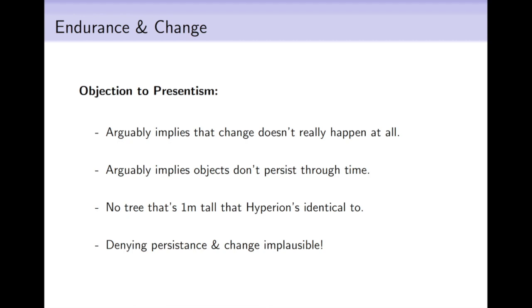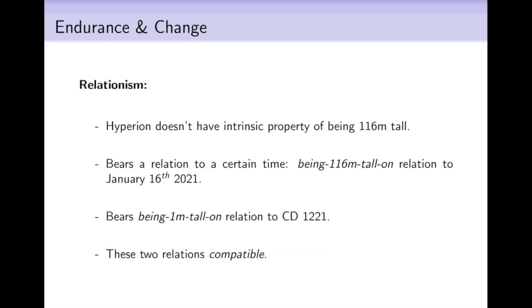So maybe this is the worst of all possible worlds, the detractor of presentism might say. We've, quote unquote, solved the problem of change by simply denying both change and identity over time, which were both things that we initially thought were plausible. There are definitely things that the presentists might want to say in response, but that's a key line of objection to presentism.